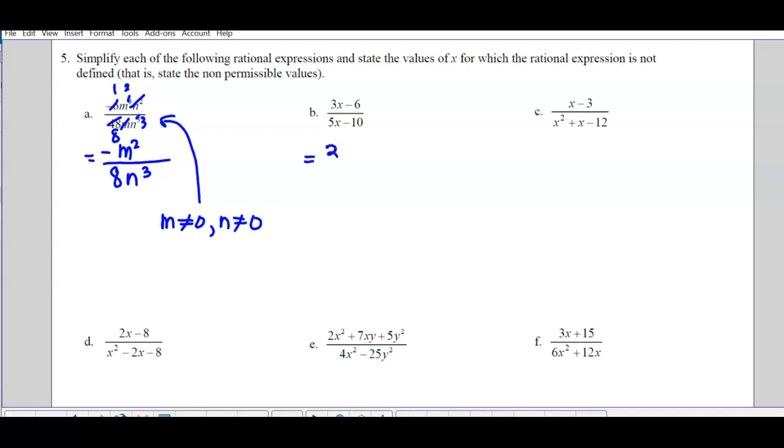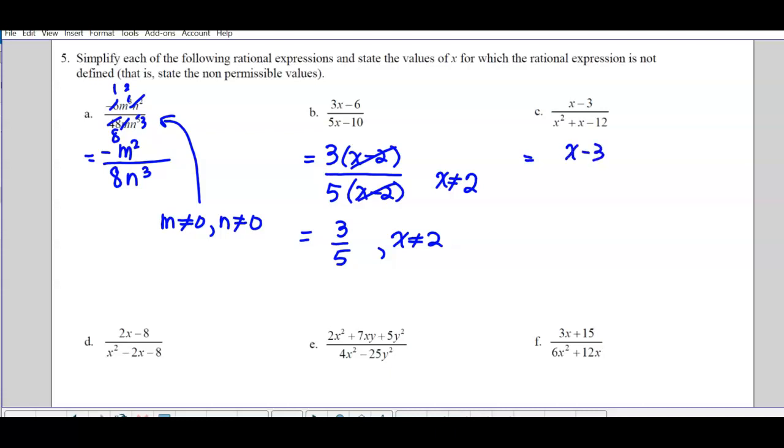Next one, common factor, numerator and denominator. Okay, so here x is not equal to 2, and then those divide out. Okay, oftentimes actually we wait and show the non-permissible or restrictions right next to your simplified form. Nothing to factor here. It's a trinomial, so x plus 4, x minus 3.